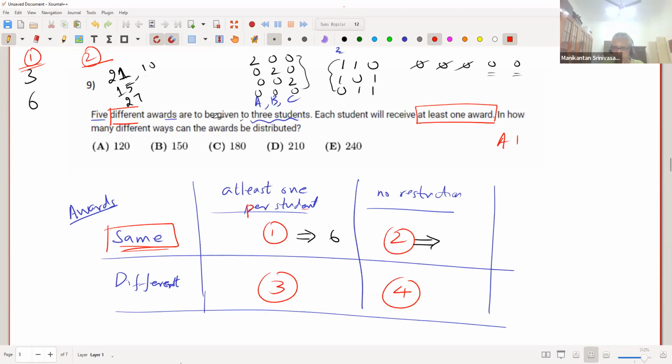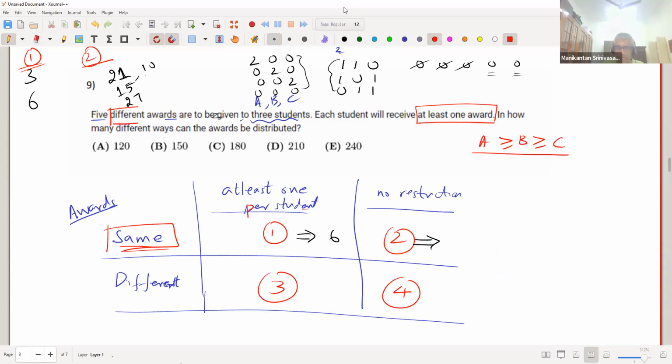Okay, now there are 5 awards, right? So this is A, B and C. For now, just for simplicity, I'll do the arrangement later, but for now I'll write them in non-increasing order, as in A greater than or equal to B greater than or equal to C. By this, when I write, it will make sense for you, right?